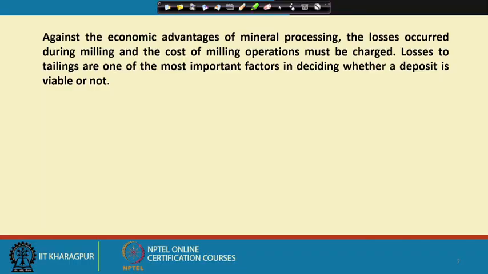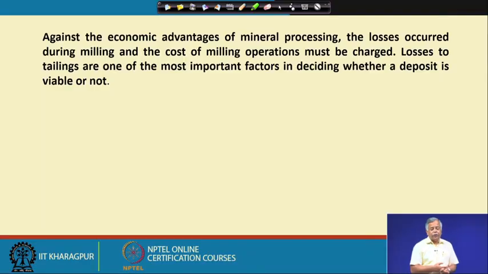So, the losses to tailings are one of the most important factors in deciding whether a deposit is viable or not. What does tailing mean? Tailing means what we are throwing out in a mineral processing plant. We say that as of now, this quantity of material does not have an adequate amount of valuable minerals to extract the metals.